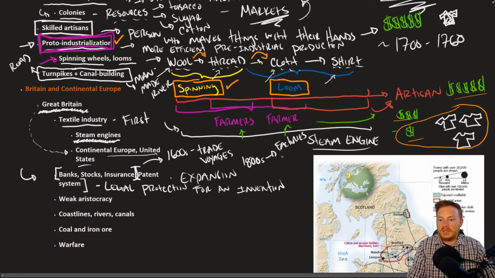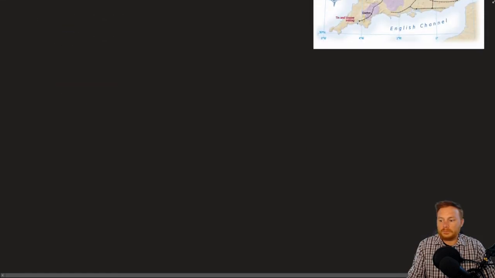Essentially what the factory is that you can take multiple spinning jennies, right? So let's say you have spinning wheels, times 100, you have 100 of them. You have power looms, right? Times 100.